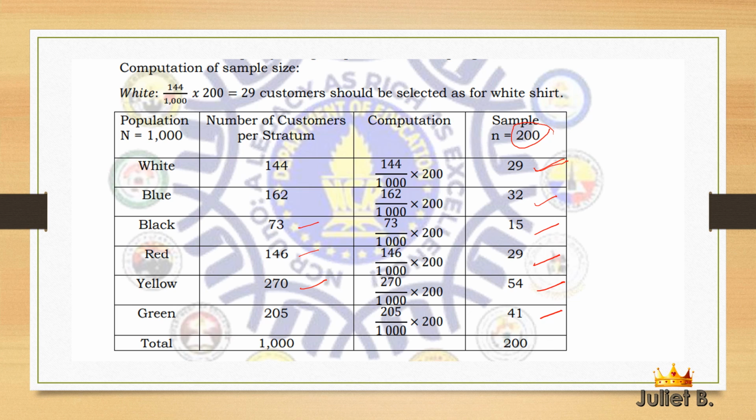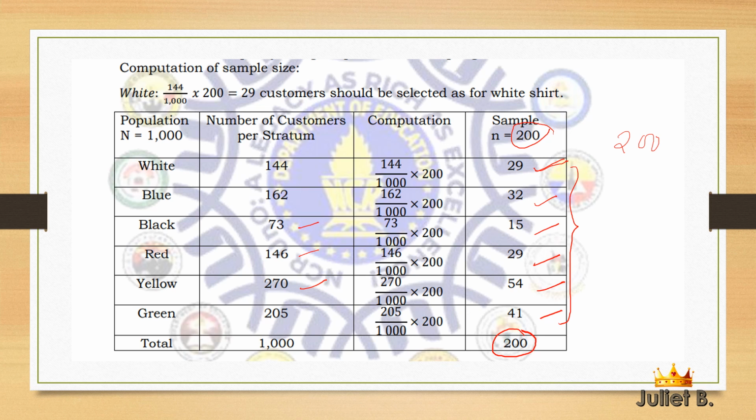Pag inadd mo to lahat, ang total nito ay 200. Ngayon, na-determine na natin kung ilang white, ilang blue, ilang black, ilang red, ilang yellow, at ilang green ang kukuhanin natin para mabuo natin ang 200 sample.